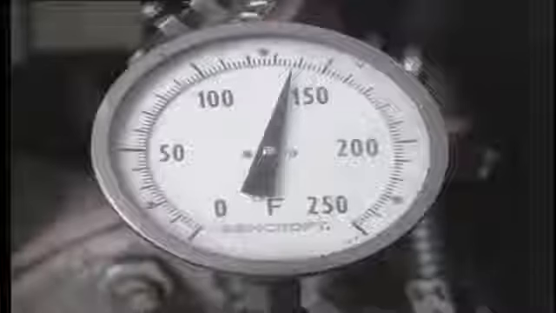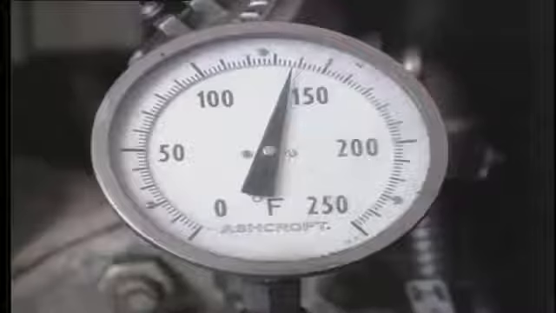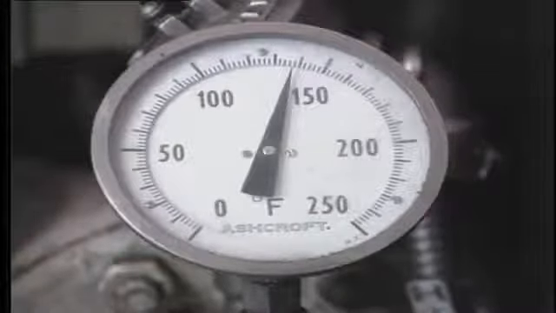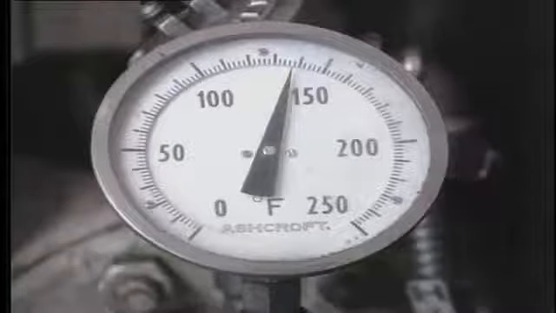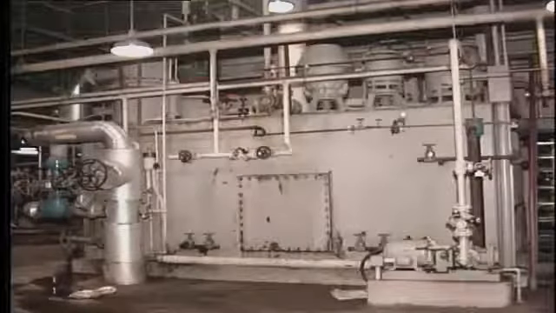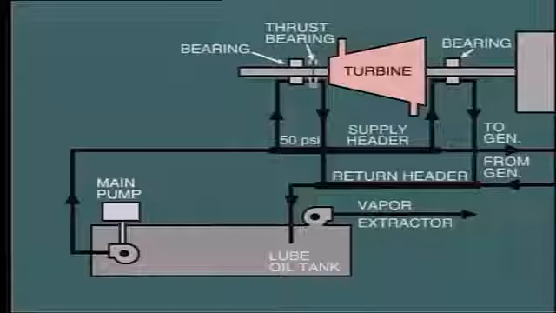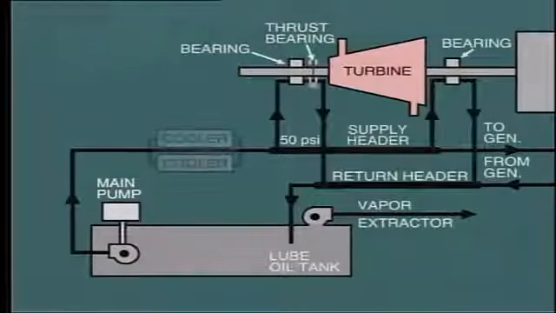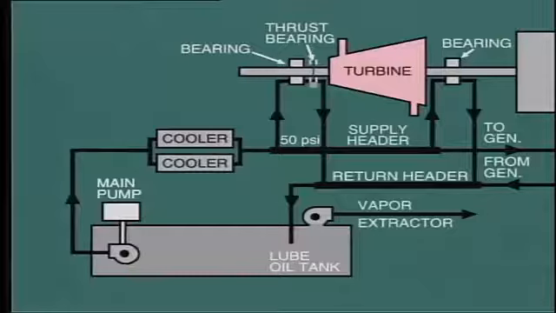First, the need for cooling. As the lube oil passes through the bearings, it picks up heat and its temperature rises, conducting heat away from the bearings. The effect of this would be to continuously raise the temperature of the oil in the tank. In order to prevent this, a cooler is provided, and this is usually placed in the path of the lube oil supply.